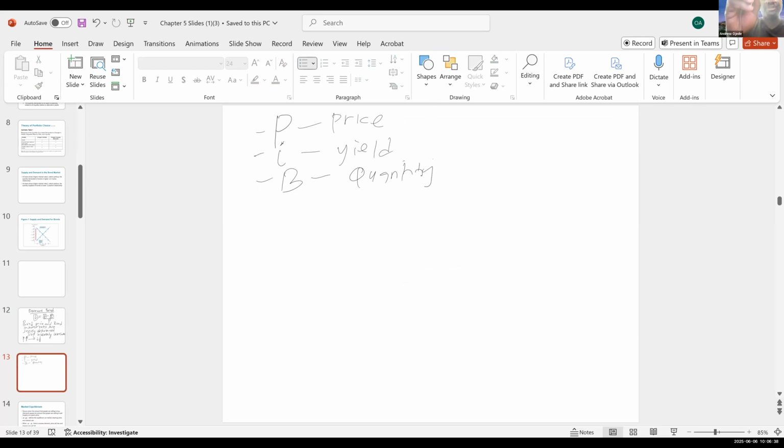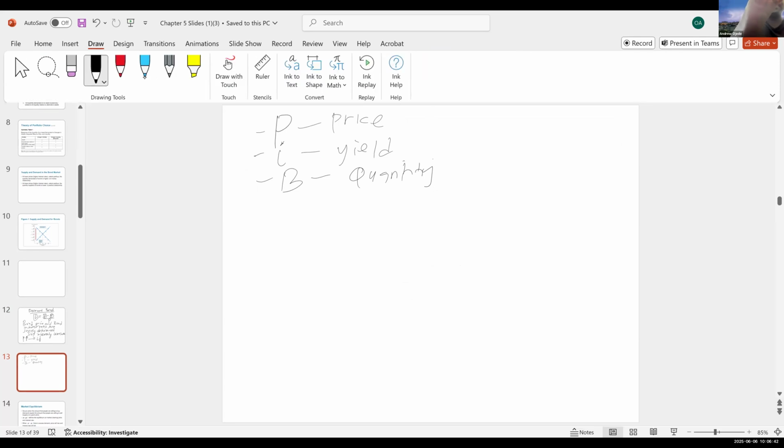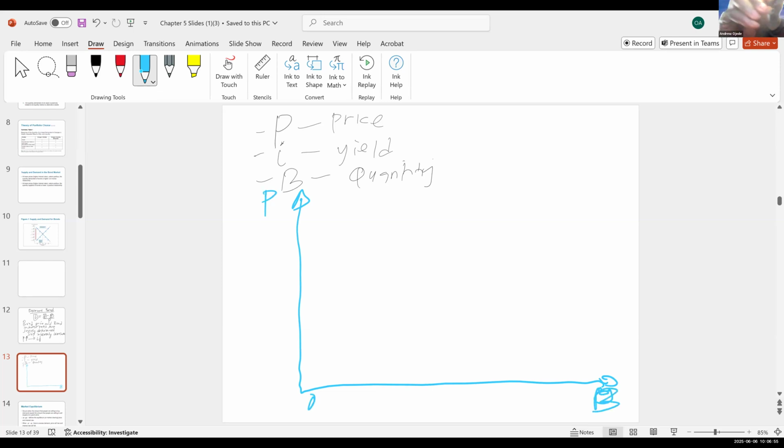So in a two-dimensional space, I put price here and I put quantity, represented by B, here.